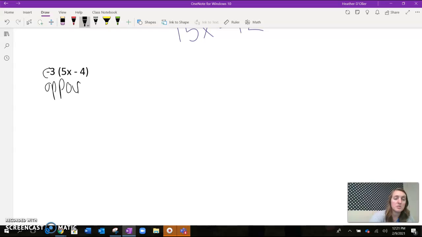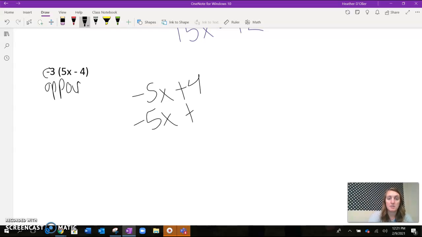Just like when we were subtracting, it made everything inside the parentheses the opposite. So I'm doing 3 groups of 5x minus 4, but they have the opposite signs. So it's one group of negative 5x plus 4, because they're the opposite.